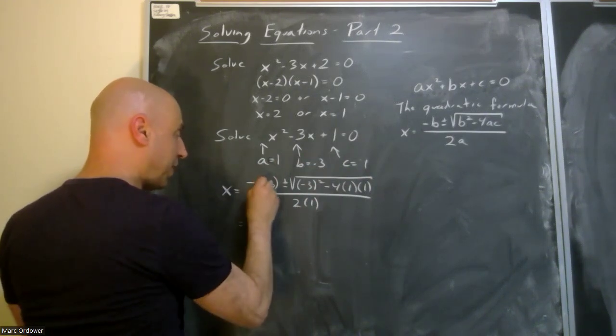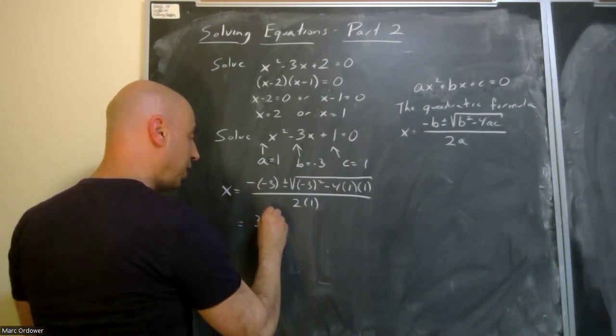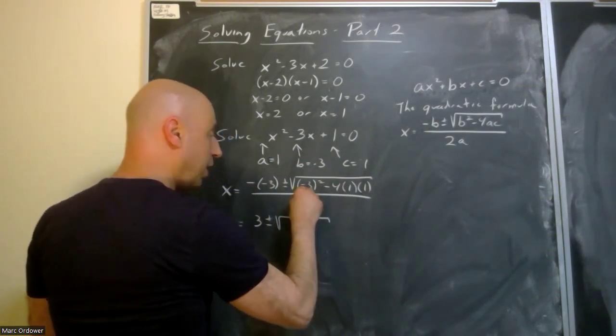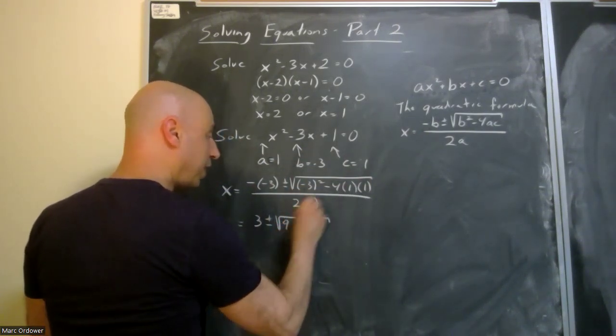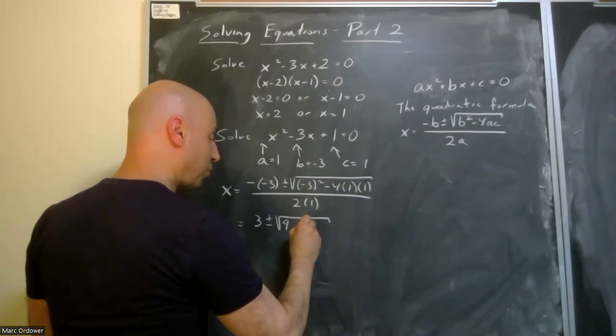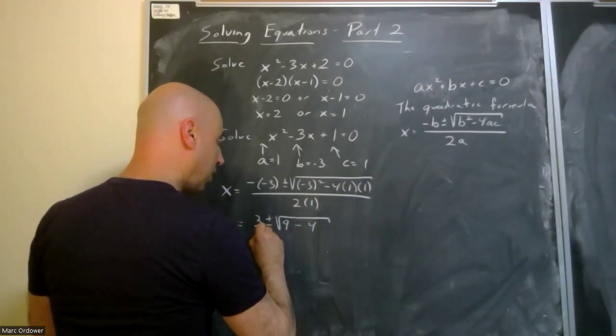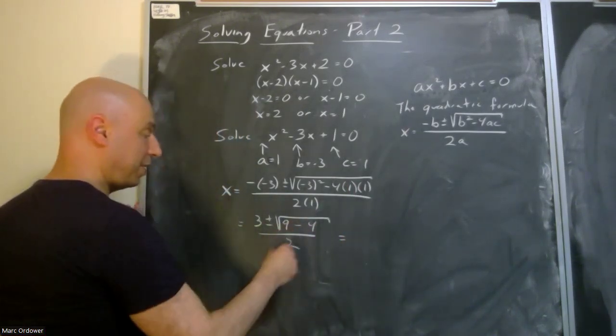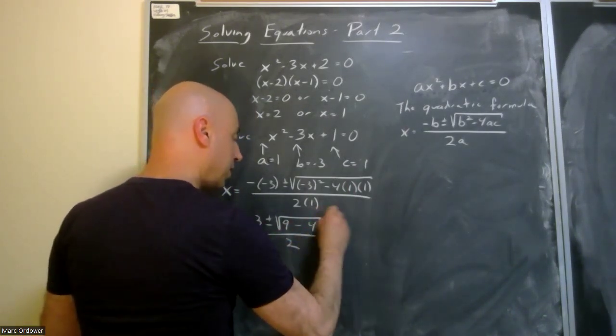And so that gives us -(-3), which is just 3, plus or minus the square root of -3 squared, which is +9, minus 4 times 1 times 1, which is -4, all over 2. We can simplify that just a little bit more by taking 9 minus 4 to get 5.